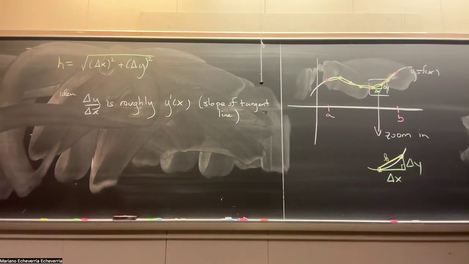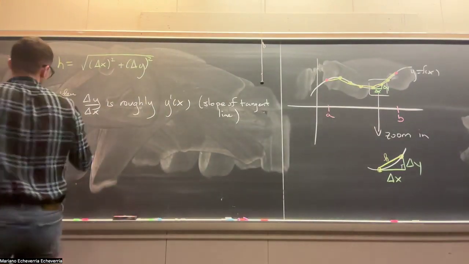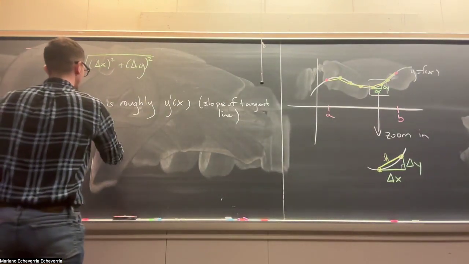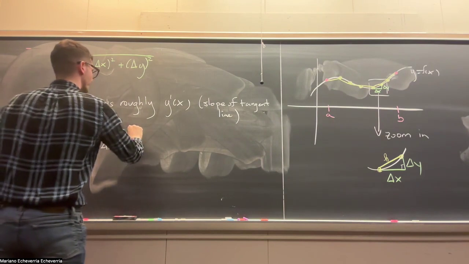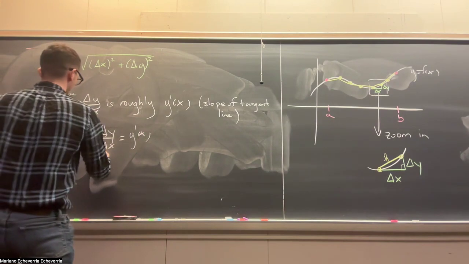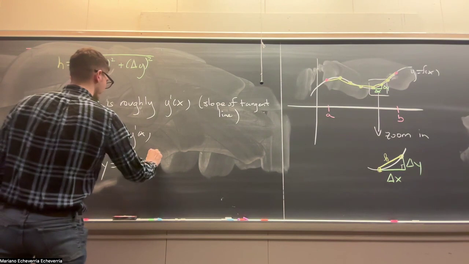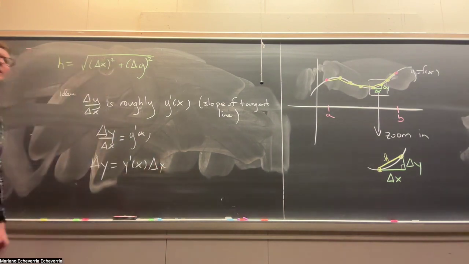We're doing everything not super precisely, so just pretend that it's an equality. In the limit it is perfect, so you just pretend that this is all equal. This is what you would call the linear approximation for the function. So you would say that delta y is y prime of x times delta x, right?